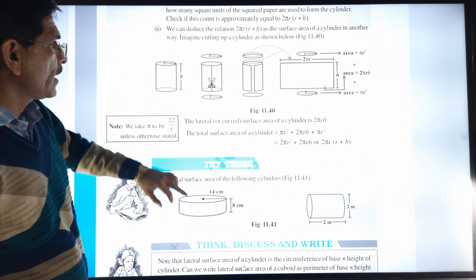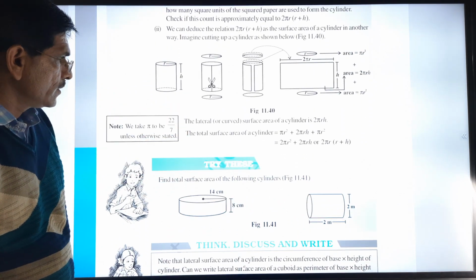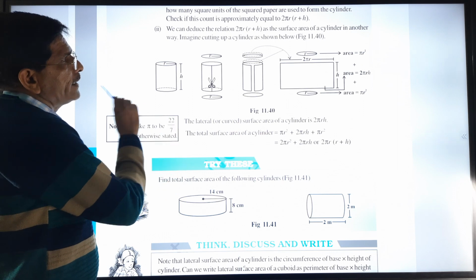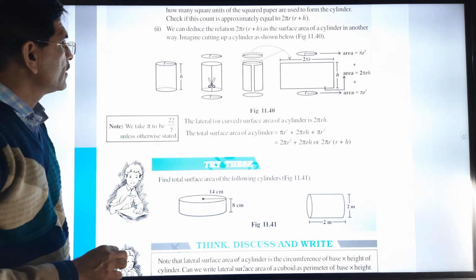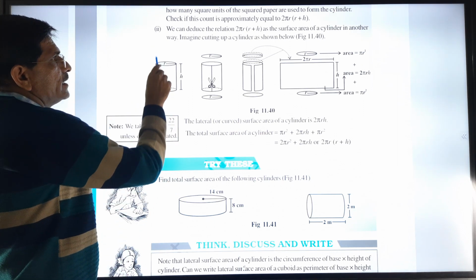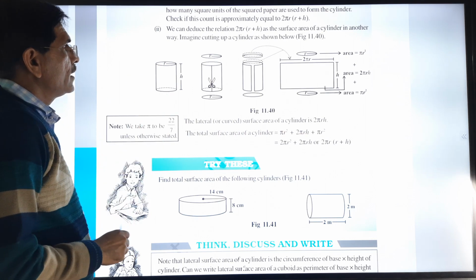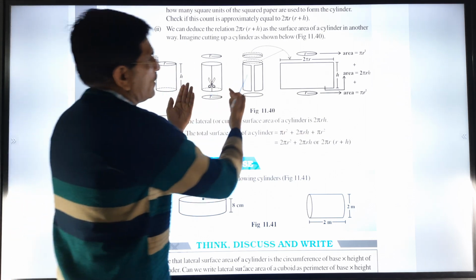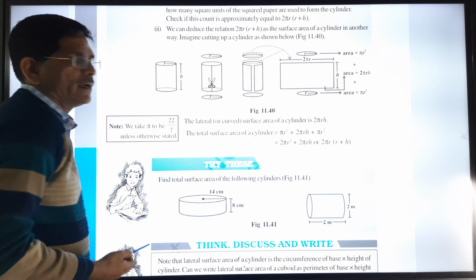How the formulas are generated we have already discussed, but again the explanation of cylinder. If I cut this cylinder and convert it into a rectangle.